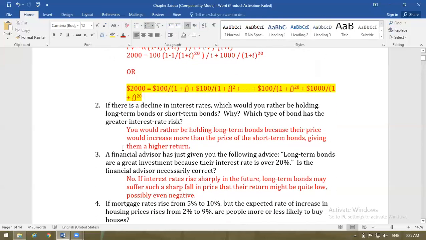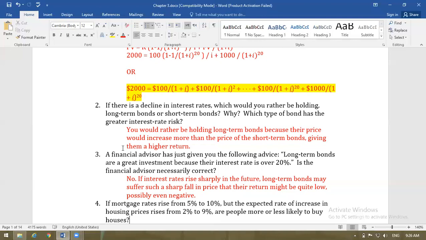Now question 2. If there is a decline in interest rates, which would you rather be holding, long-term bonds or short-term bonds? Why? Remember that whenever you are certain about the prediction of interest rates, in this case that the interest rate will be decreasing in future, long-term bonds will be more beneficial as compared to short-term bonds. When the market interest rate is falling, bond prices increase, and when the bond price increases, it means you get more capital gain as compared to short-term bonds.